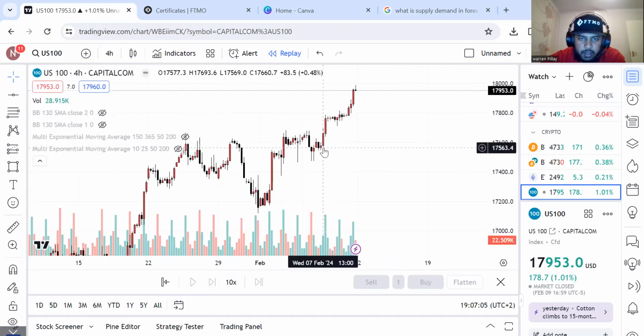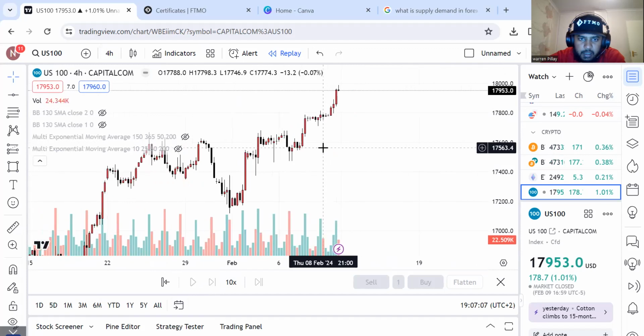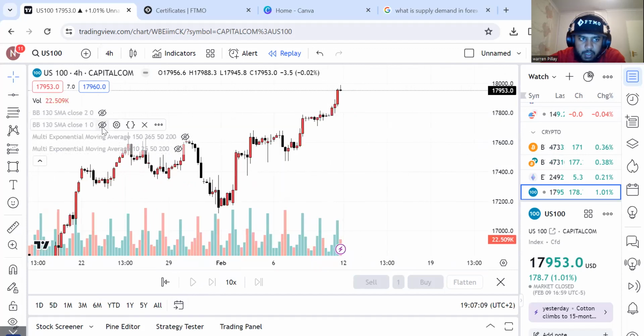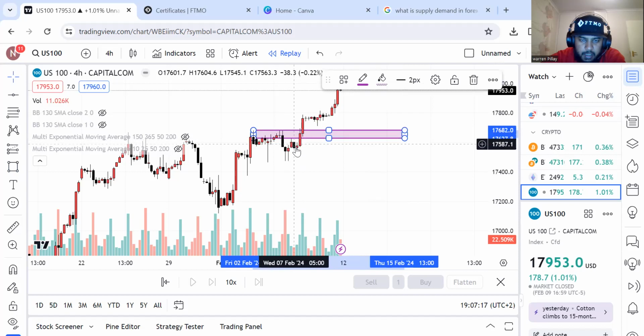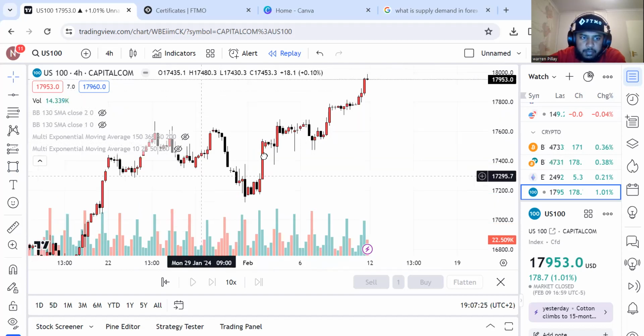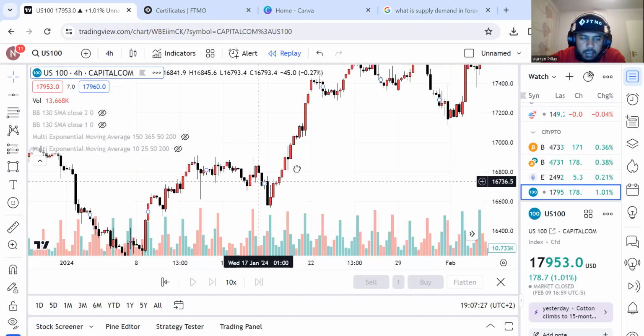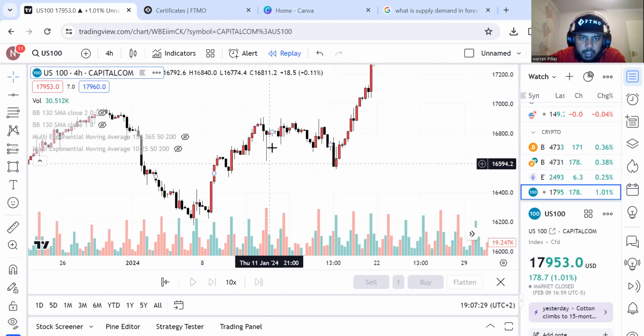If we actually draw, see this big bar here, if I draw the doji that happened before that, you'll see price tapped into it, dropped, then broke. It broke because the level was strong enough for buyers and sellers. So yeah, if I come down here, you see all these small bars, you can ignore them.